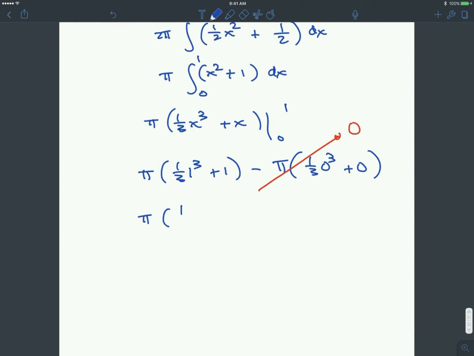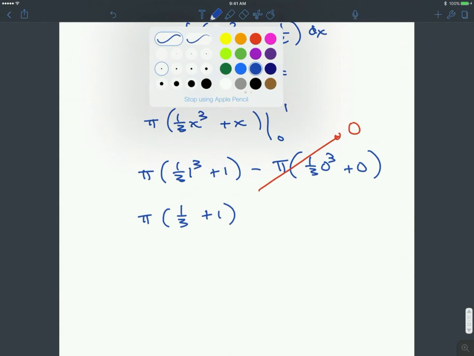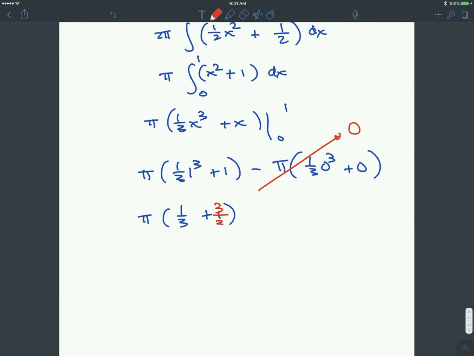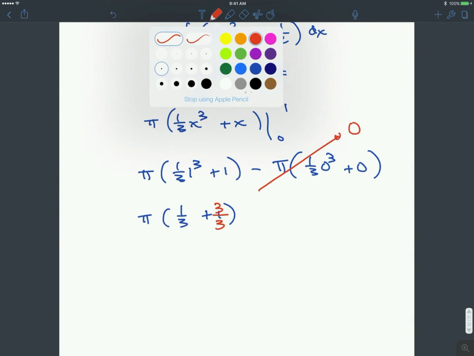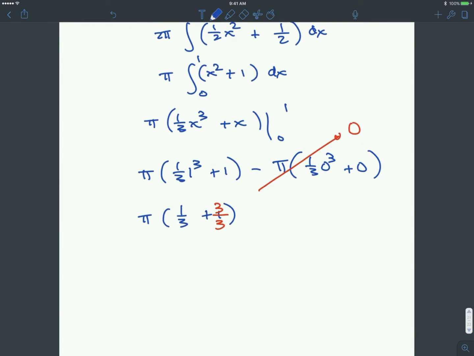I get pi times (1/3 plus 1). Remember what 1 really is? 3 over 3. Surface area is going to be 4/3. Looks like it's 4/3 pi.